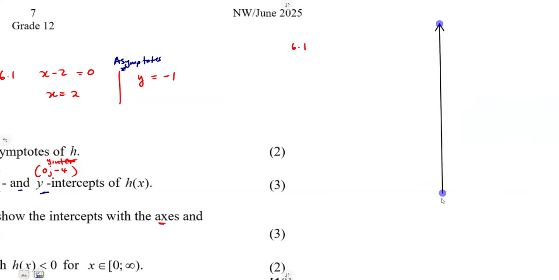So this is something like this, all right? Let us have also our x-intercept. Here is just a sketch, guys. Let us just say we've got 1, 2, 3, 4, 5, 6, 7, 8, and so on.